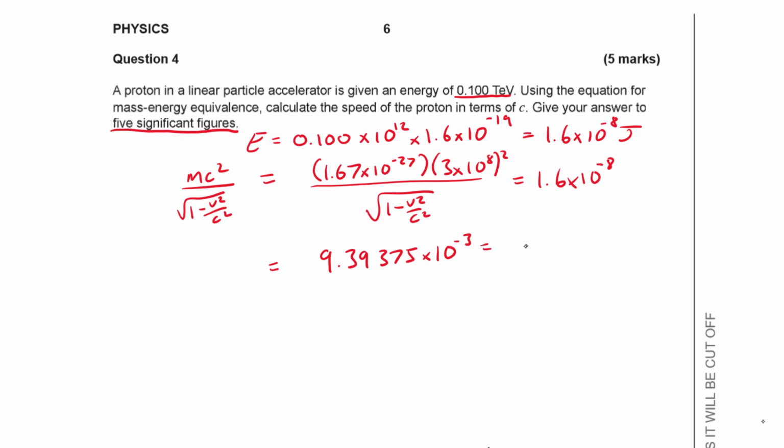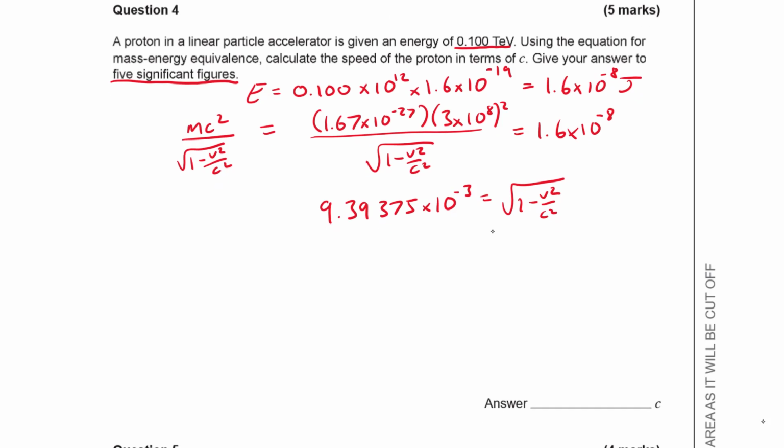Now that's going to be equal to the square root of 1 over, 1 take v squared on c squared. So first thing I'm going to do here is square both sides, and I end up with 8.824254 times 10 to the negative 5 equal to 1 take v squared on c squared. I'm going to get this v squared on c squared and bring it to the other side so that it's now going to be positive.